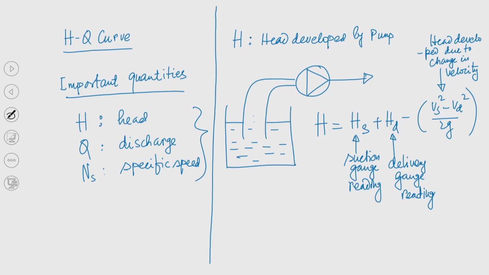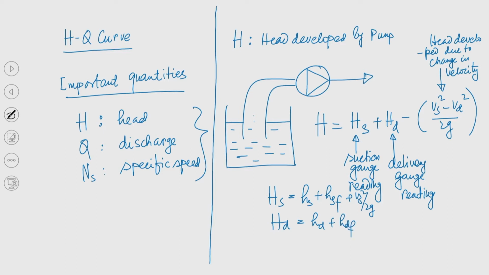Now, see this suction gauge reading Hs, that is basically Hs equal to Hs plus Hfs plus V square by 2g, and what about Hd, that is Hd plus Hdf.